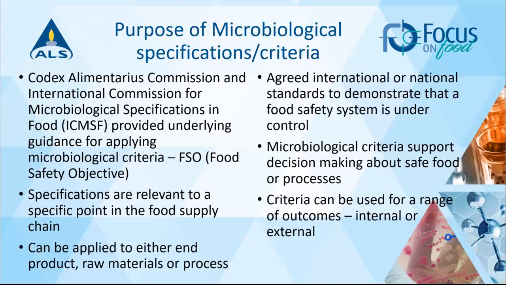These criteria are designed to demonstrate that a food safety system is under control. For regulators and customers, microbiological criteria can help to support decision-making about safe food or processes. From an internal perspective, micro-testing can verify that processes are working effectively.